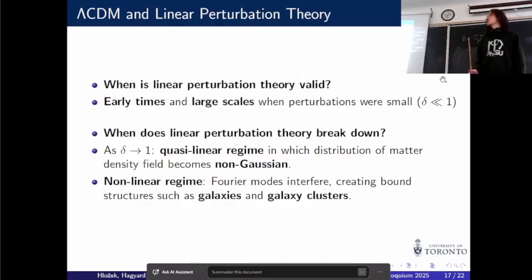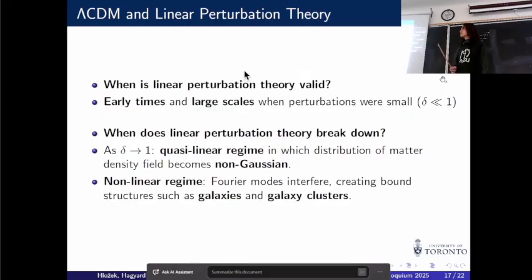And when you go to even greater density perturbations, you have a significant interference of the Fourier modes that describe them. This interference of Fourier modes in the nonlinear regime describes what we see as galaxy and galaxy cluster formation.